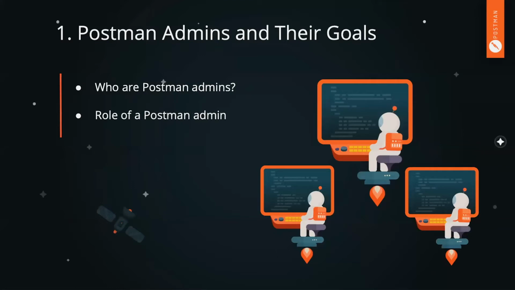Teams need to maintain multiple versions of an API, assign and control ownership and permissions, and enable smooth collaboration. An admin's role here is to define and structure this whole setup. We'll talk more about how an admin achieves this in our next section, which is managing your Postman team.